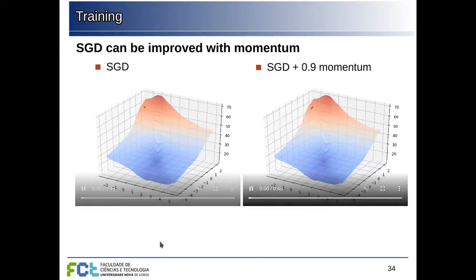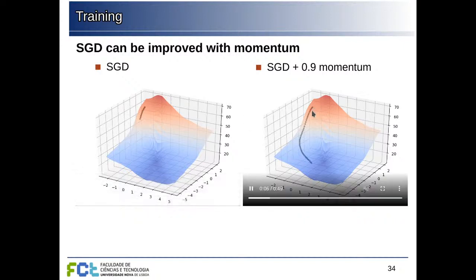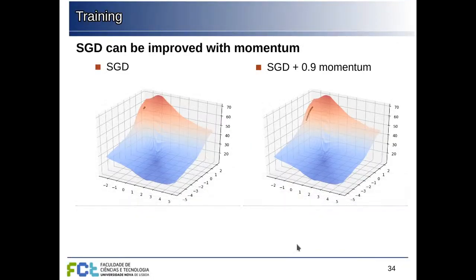So we can compare the two. This is basic stochastic gradient descent. We are sliding down slowly here. But with momentum, since this is always in the same direction, we keep going faster and faster because we keep adding to the previous velocity. So momentum can be a lot more efficient in training the network when we can take advantage of these stretches of the trajectory where we're going basically in the same direction.